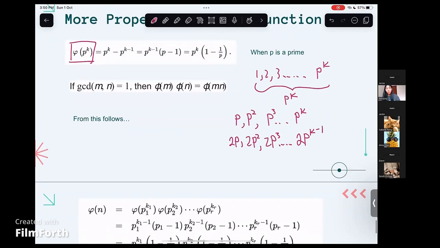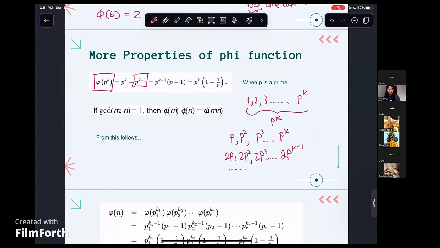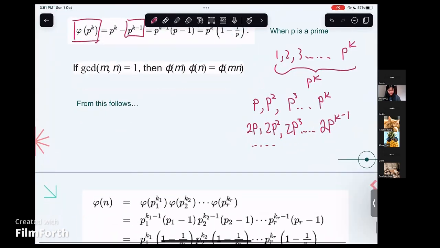And if we count up all the numbers that have a factor of p, or aren't co-prime to p^k, there's actually p^(k-1), right? So we can think about it as p^k divided by p.